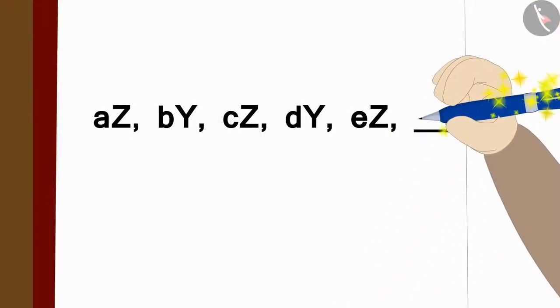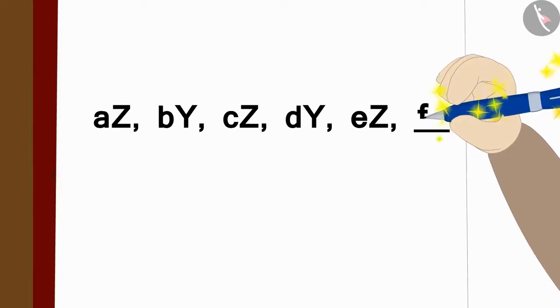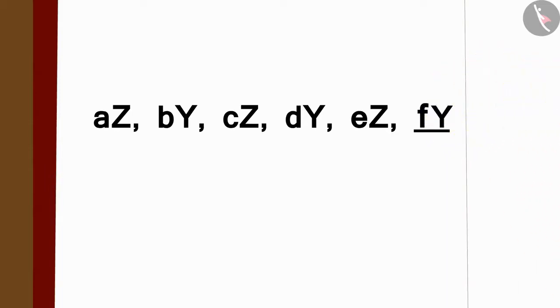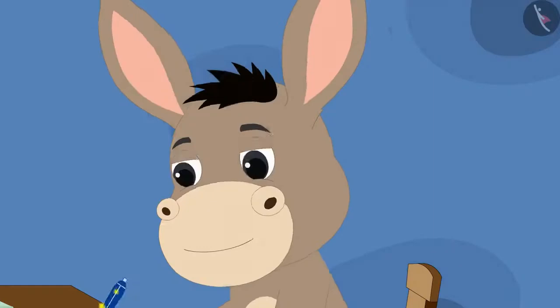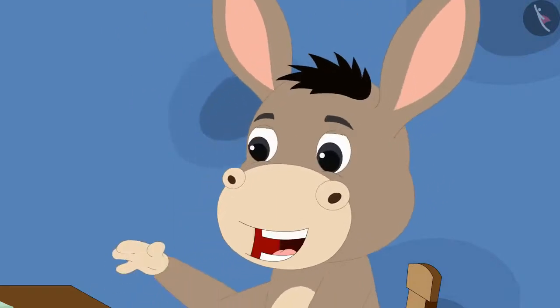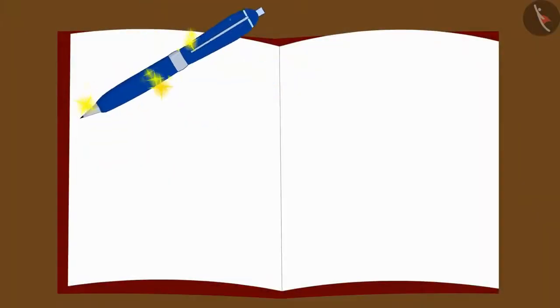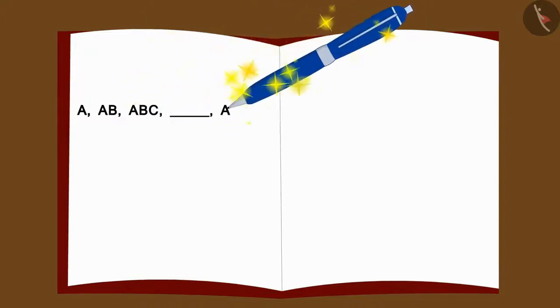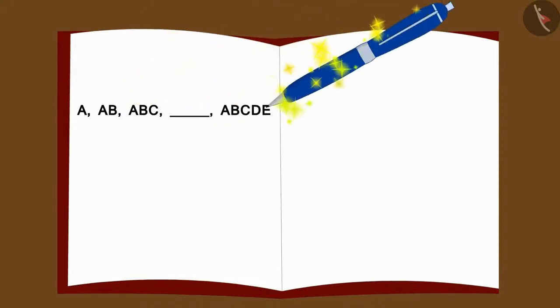Bhola quickly wrote these letters F, Y in the blank space from that magical pen. As Bhola filled in the blank of the pattern, all the letters became toffees. Bhola got excited. Now, once again, the magical pen started writing itself.